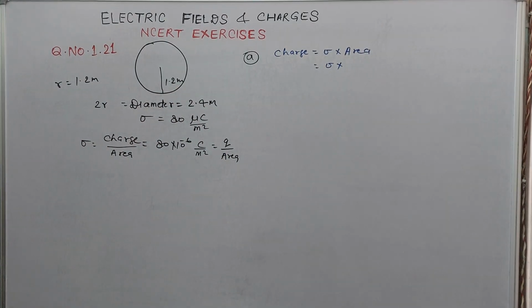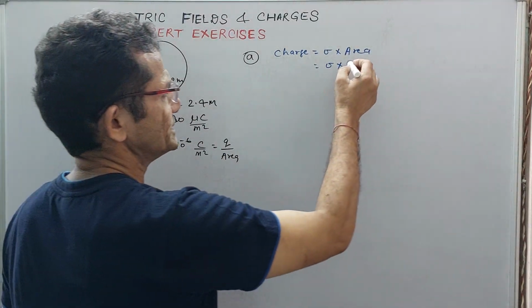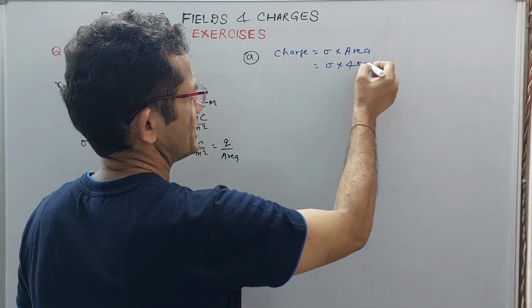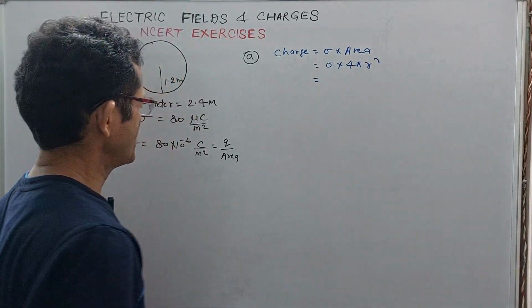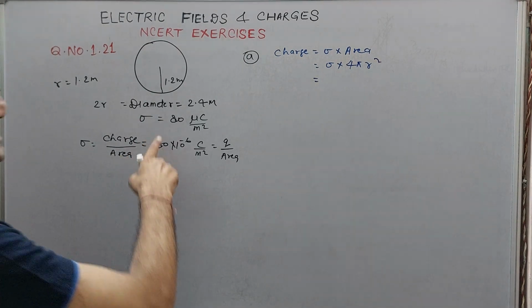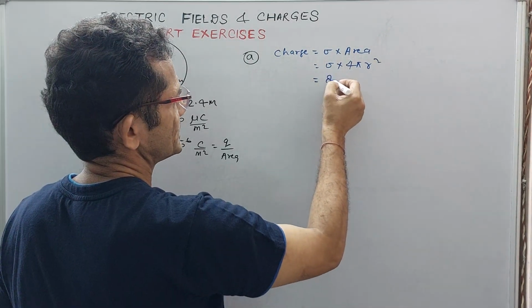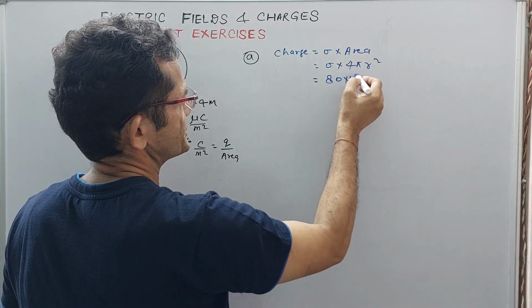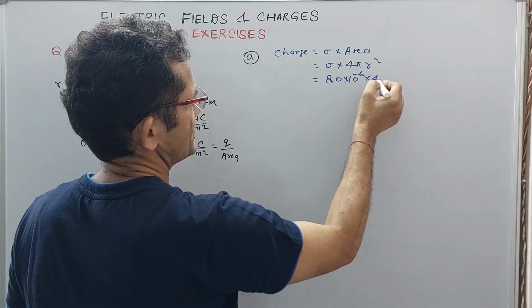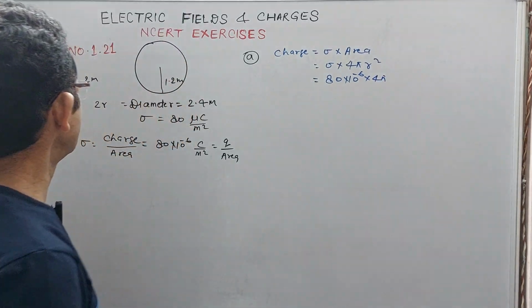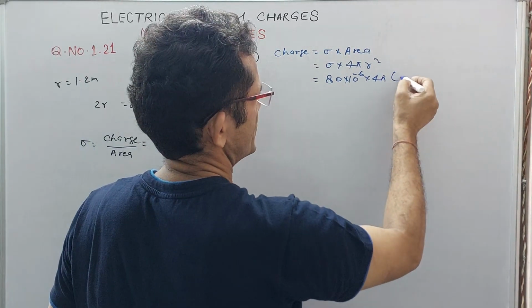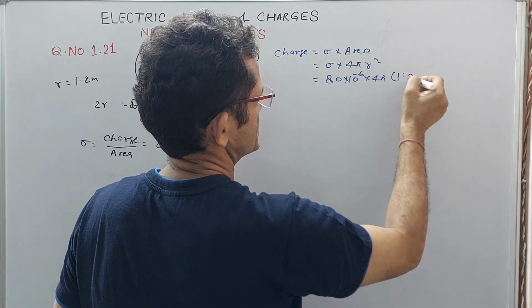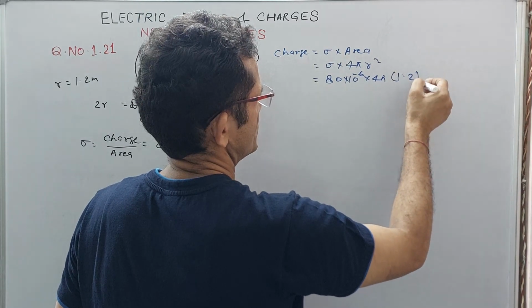This is a sphere. Now area would be 4 pi radius square. Now putting the value of sigma, 80 micro means 10 raised to the power minus 6, and 4 pi r square is 1.2, and its square is 1.44.